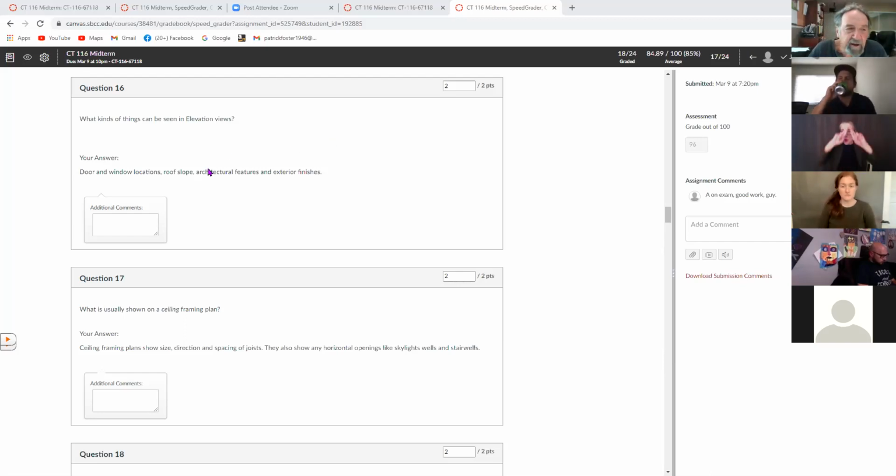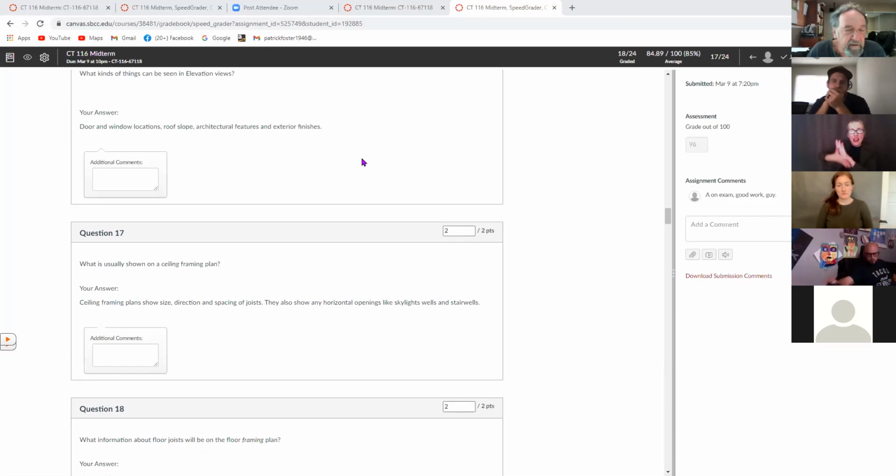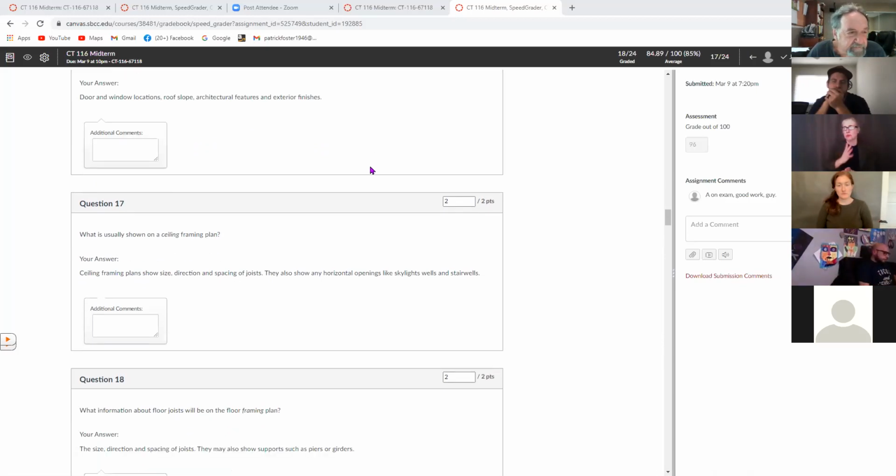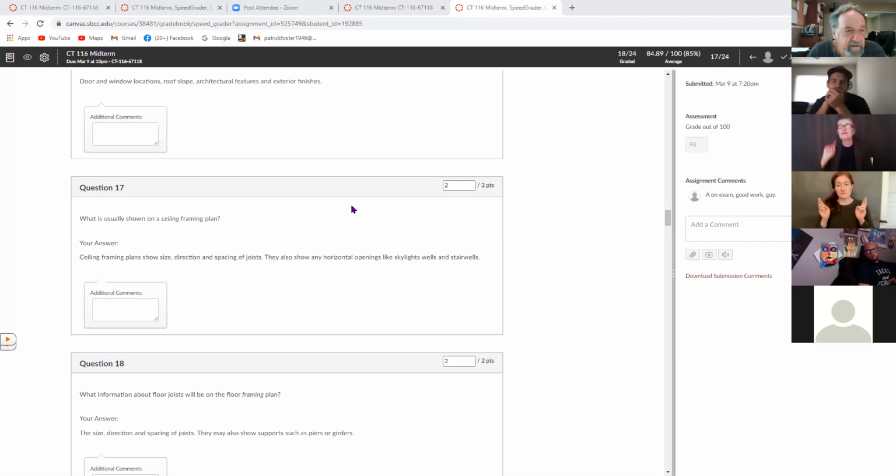Sometimes they'll do it on a section, but they always do it on an elevation. And then finishes, whether it's brick or stone or wooden siding, all that stuff's shown on the elevation. It'd be hard to show that on a floor plan, wouldn't it? The wall surface. Although they do sometimes, they'll have an arrow and it says final finish is such and such. Okay, 17.